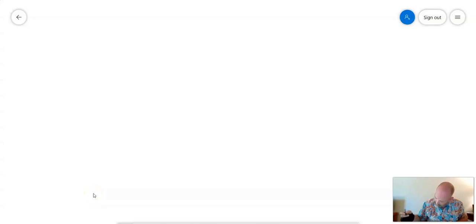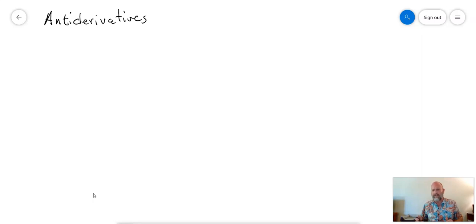So let's see here. We've got antiderivatives. And really, to look at these, it's almost easier to look at a derivative itself. But let's go ahead and start with the definition.